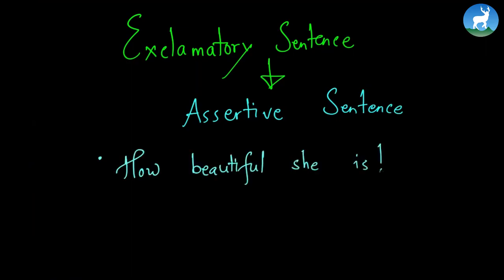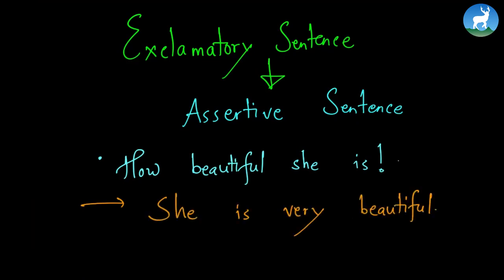Now this is certainly an exclamatory sentence. How can we change this into a simple assertive sentence? You can change this into an assertive one by writing, she is very beautiful. I'm going to write E for exclamatory and A for assertive. So that is how I can change an exclamatory sentence into an assertive one.